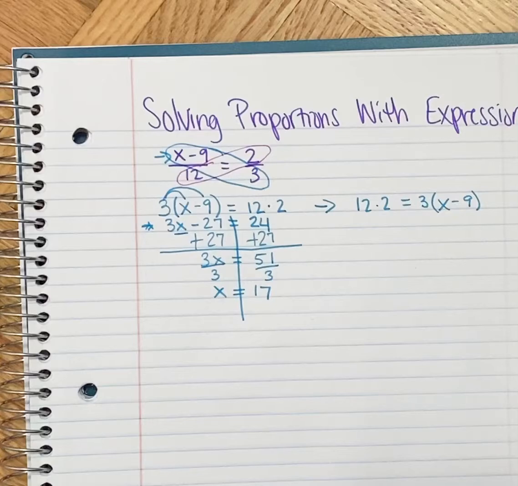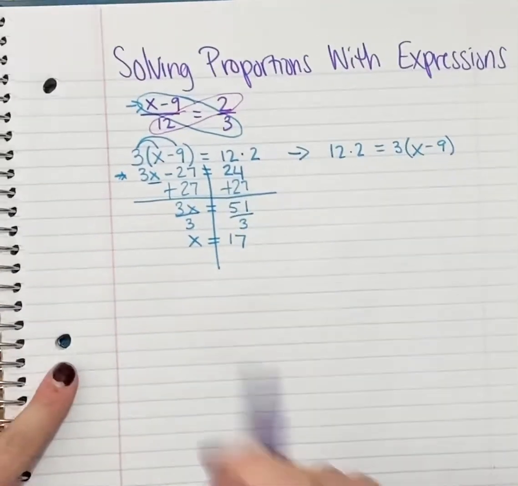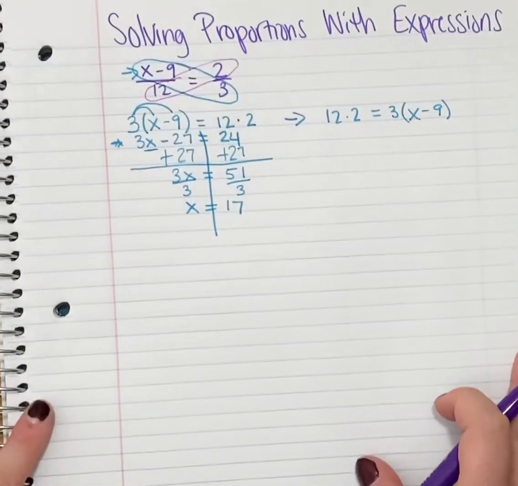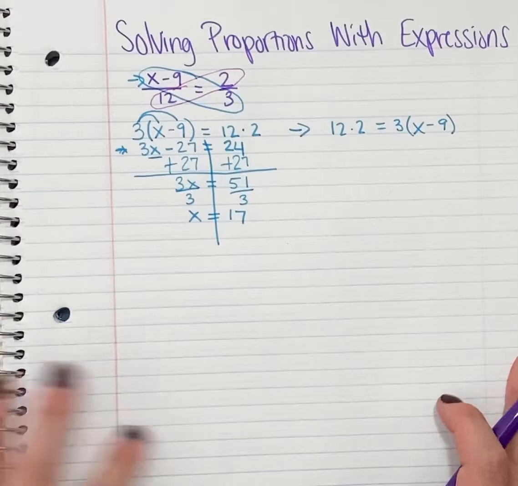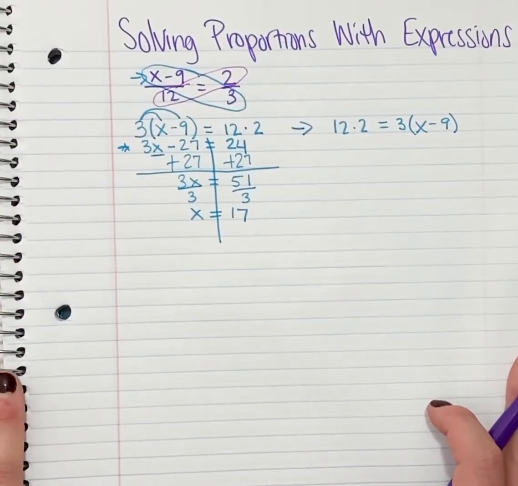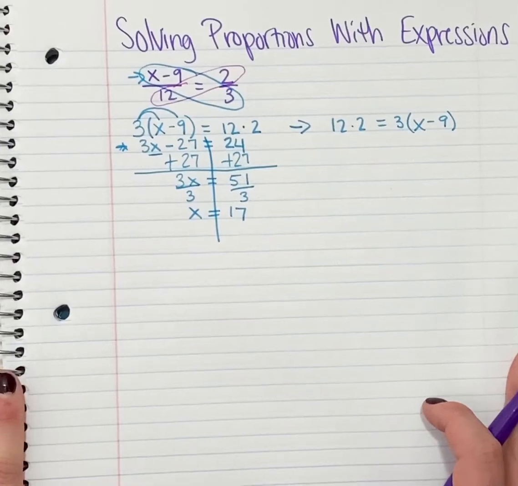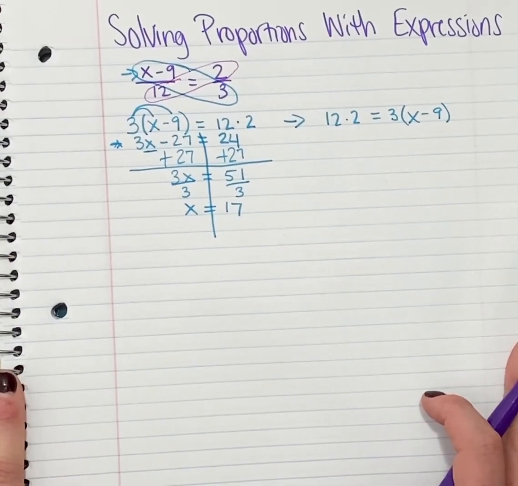All right, I'm going to do one more example with you. Instead of having just one expression, when we're solving similar triangles, which is why we're going through all of this, we need this stuff to solve similar triangles. We're going to have probably two sides that have expressions.